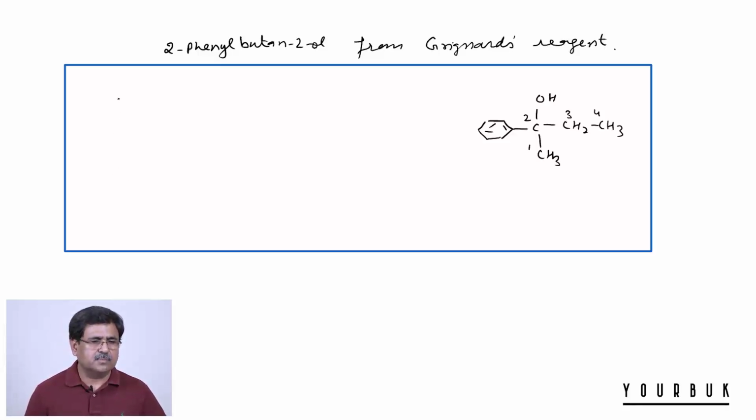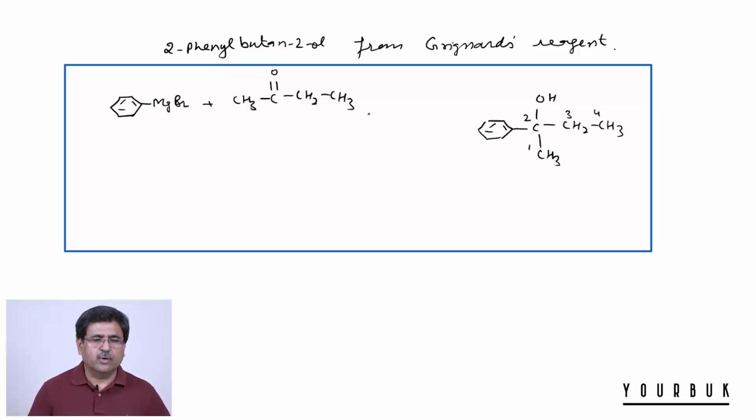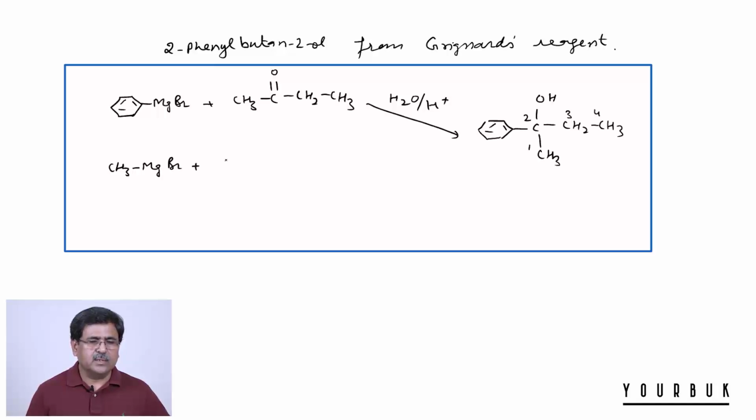One combination is this. We use phenyl magnesium bromide and react it with butanone, followed by hydrolysis, gives 2-phenyl butan-2-ol. This is one combination. The second combination is we can take methyl magnesium bromide and react it with this ketone, an aromatic ketone. This is the second possibility.